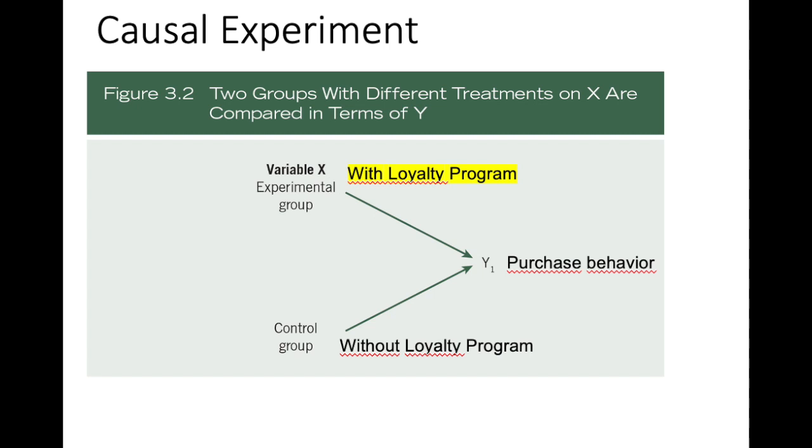The two groups have the variable X, which is the independent variable, that is the loyalty program, and how this impacts the dependent variable, Y, purchase behavior. And then the purchase behavior is compared. And then you can see if the experimental group with the loyalty program has higher, more intensive purchase behavior than the control group without a loyalty program.